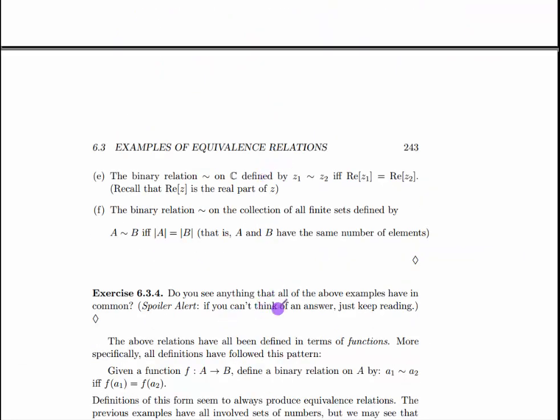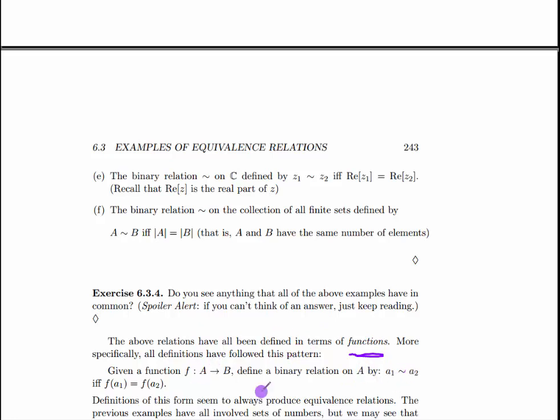All right, now there's something in common with all the examples above. They can all be defined in terms of functions. The definitions follow this pattern. Given a function f from A to B, you can define a binary relation on A, which is the domain of f, as follows.